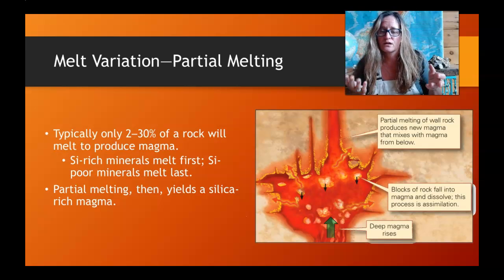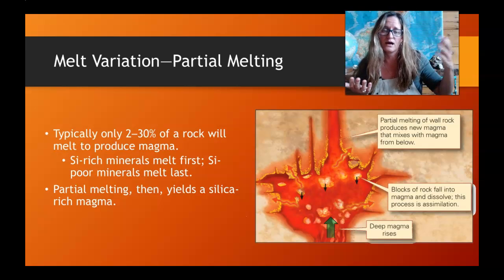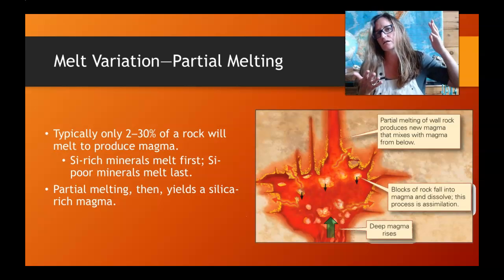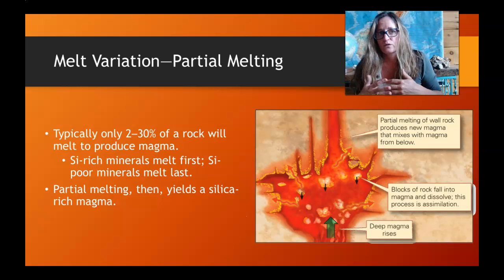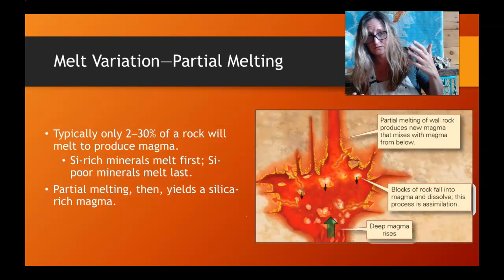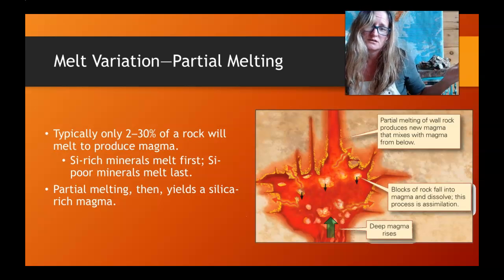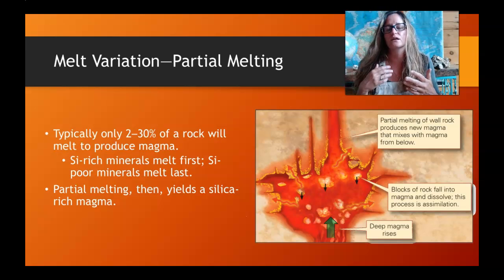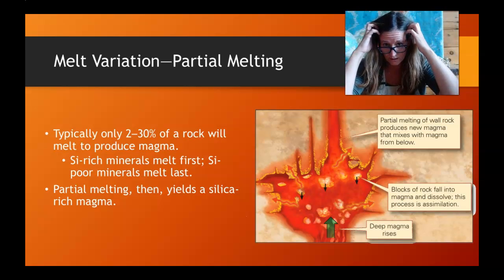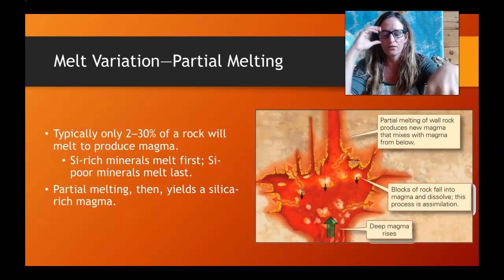Well, it turns out the silica-rich, higher in silica, those minerals melt first. So if we partially melt, only heat up a rock a little bit, we're going to drive off silica-rich magma, and those will crystallize into silica-rich igneous rocks. So if we only partially melt a rock, we're going to be getting a silica-rich magma, leaving behind those mafic minerals. So it's going to give us different chemistries of the igneous rocks.